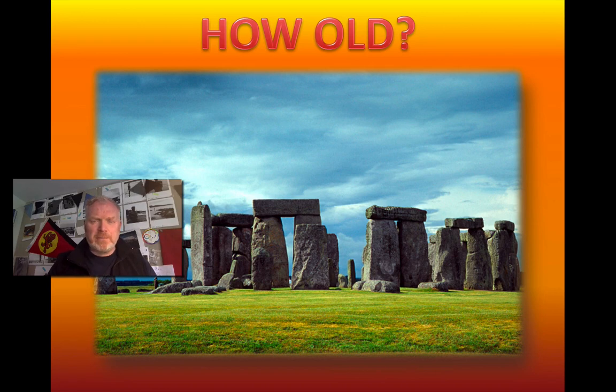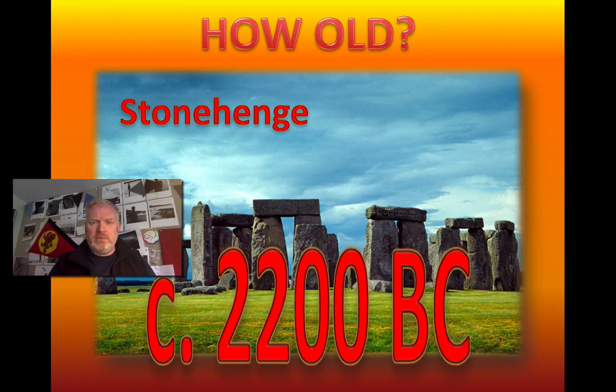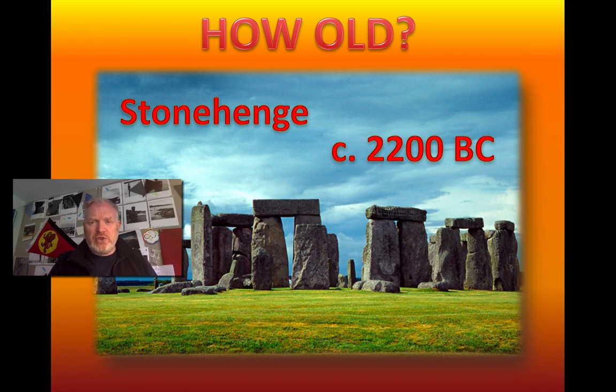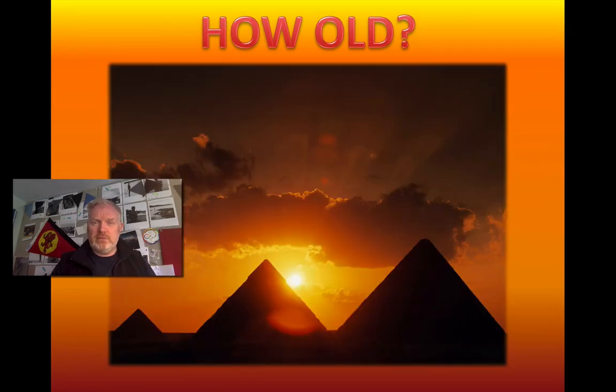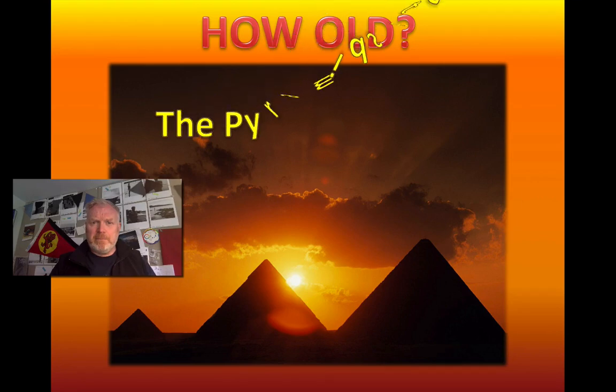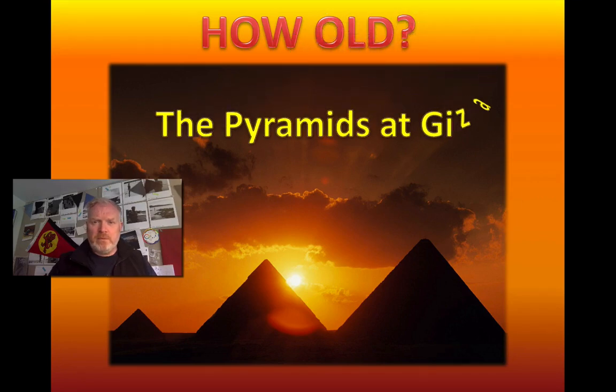How about this? This is the stone circle at Stonehenge. Is this old? Well, there we're talking about 2,200 BC, 4,200 years old. Old? How about this? The Great Pyramids at Giza. Are they old?